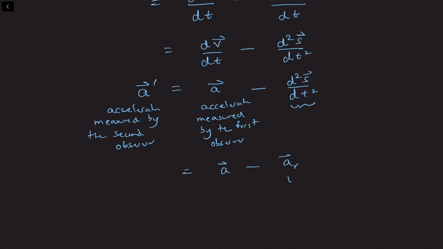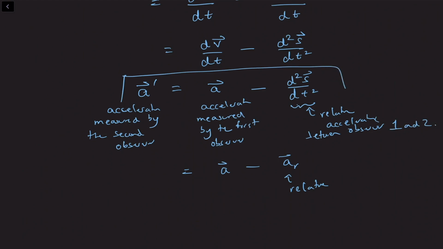A relative, that is, this is the relative acceleration between observers, let's call it S and S prime. No, sorry, let's say observer 1 and 2. Okay.